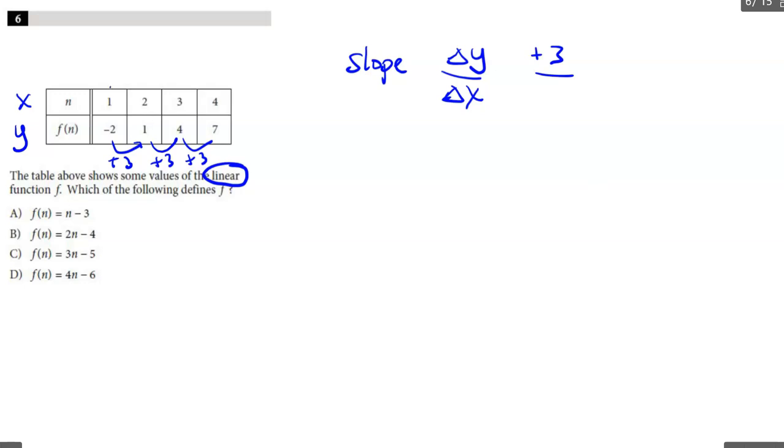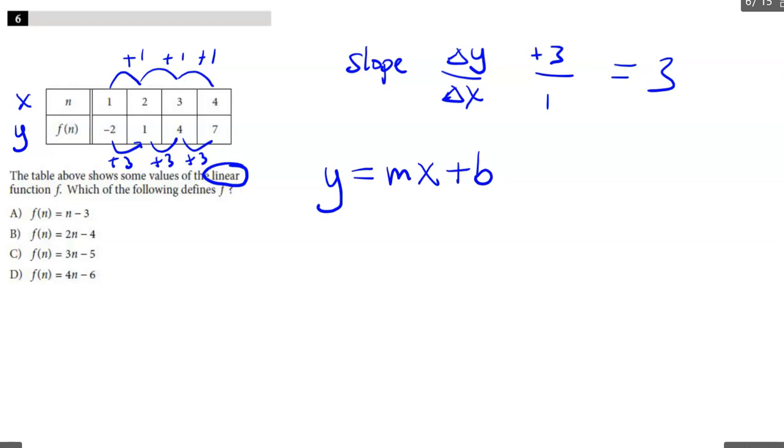And every time my x, or my n in this case, is going up by 1. So it looks like the slope of this line has to be 3. I'm looking at my equations down here. They're all written in y equals mx plus b form. And remember, in mx plus b form, whatever number's in front of the x is your slope. So I'm looking for a 3. So the correct answer here is C.